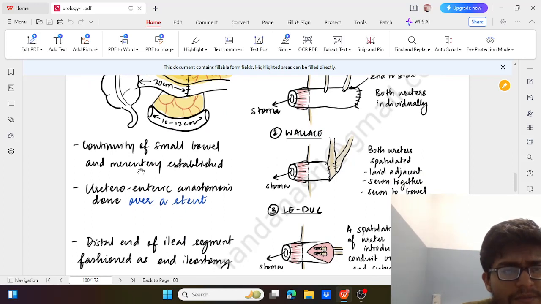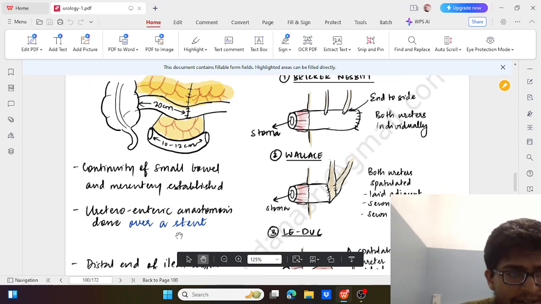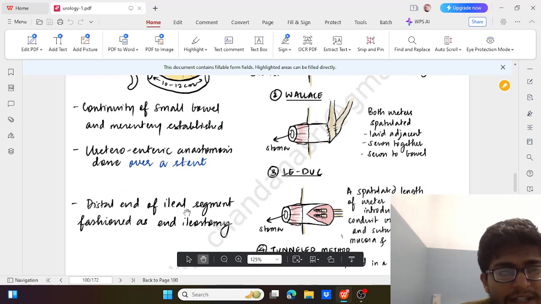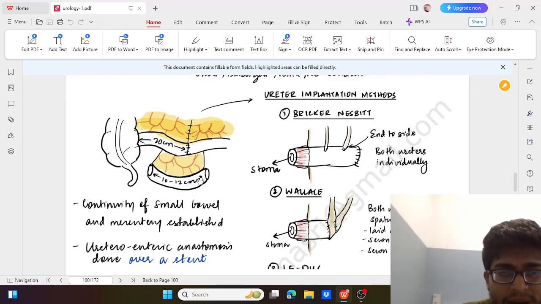The continuity of the small bowel and mesentery is established, and ureteroenteric anastomosis is done over a stent, and the distal end of the ileal segment is fashioned as an end ileostomy. As we can see in the diagram, this part is removed and attached to the skin as a stoma, and it is attached to the ureters on the other side.